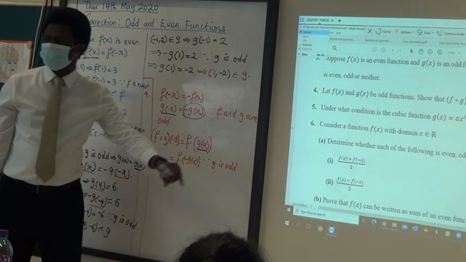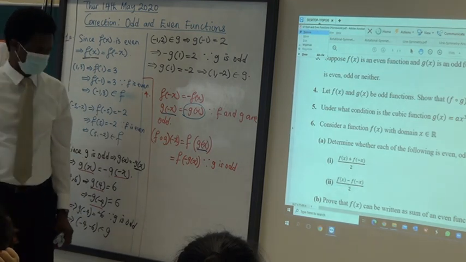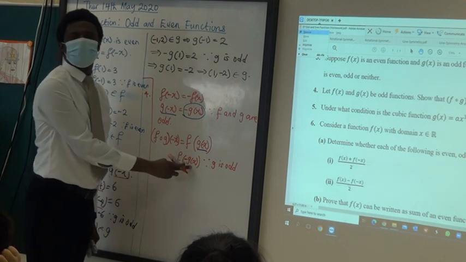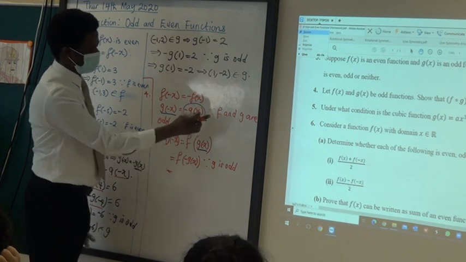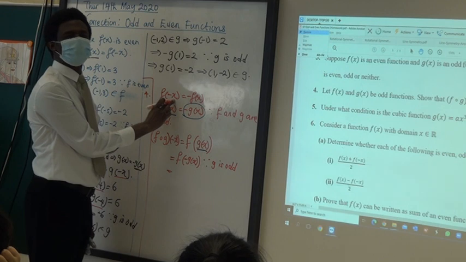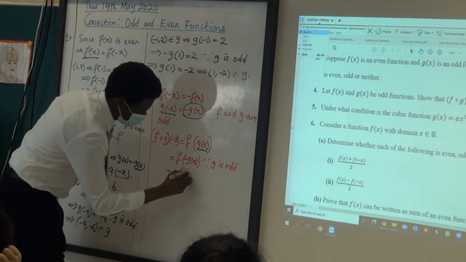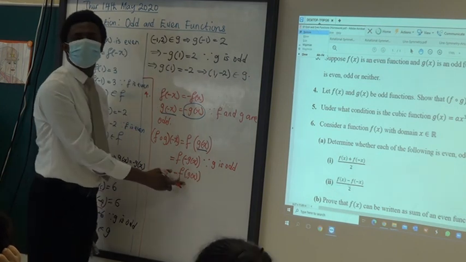So you are supposed to write that reason immediately by that step. Then, your g of x is now a point that f is acting upon. And you have a definition also for f. When it is acting upon a negative point, the negative comes out. So this could be negative f of g of x. You are able to write this step because of what?